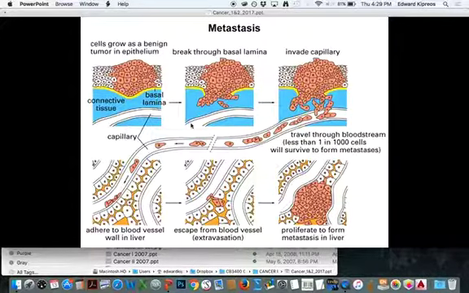Okay? So that spreading to other parts of the body is called metastasis. You can have a malignant tumor because it's invading other areas, right? It's gone through the basal lamina, which is just another term for extracellular matrix. Okay, extracellular matrix, basal lamina, same thing. So it's invading here, it's malignant, but it hasn't metastasized yet.